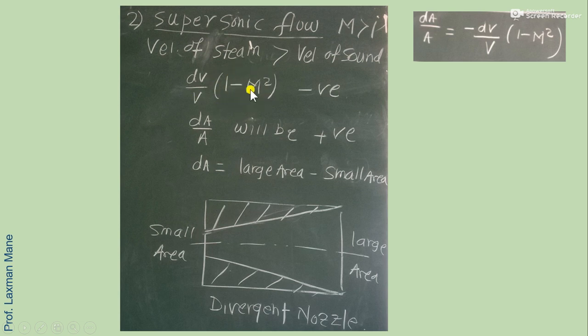Then dA by A will be positive, and dA is positive. Change in area, large area minus small area, is positive; the large area is next and the small area is first. This kind of nozzle is a divergent nozzle. Divergent nozzle is for supersonic flow.